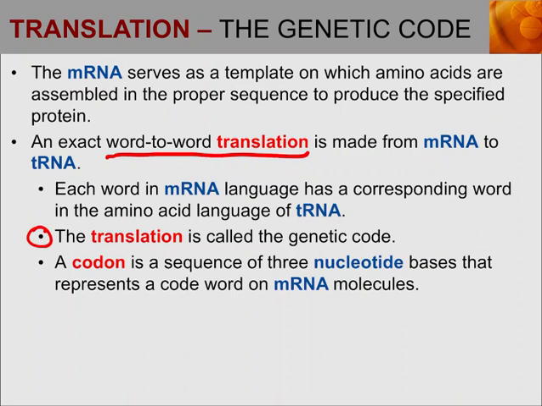Now this translation is called the genetic code, and it's considered a code because messenger RNA is going to contain 3-letter blocks that can be translated into amino acids, and these are called codons. So for example, maybe we have CGC, ATG, just some 3-letter block, and these are going to be specific nucleotides, right?